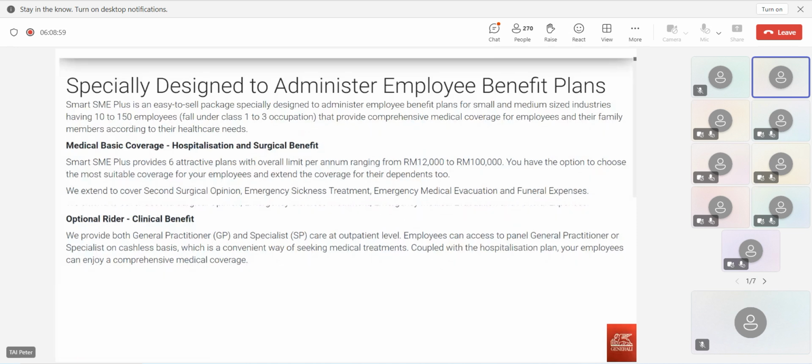Therefore, they have to give group PA and also Smart SME Plus medical card policy. All right. So basically, these are the reasons why we are growing so well, because we are capturing the big chunk of the market, and everybody wants our policy because our policy is one of the most comprehensive and also one of the most reasonably priced. Okay, so therefore that differentiates us from the market.